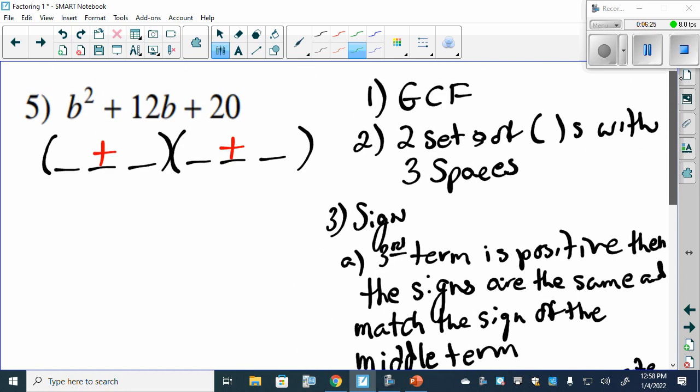So, if we look back at this here, the first term is b squared. The factors of b squared are b and b, because b times b would give us b squared, and that's the only set of factors that we have.